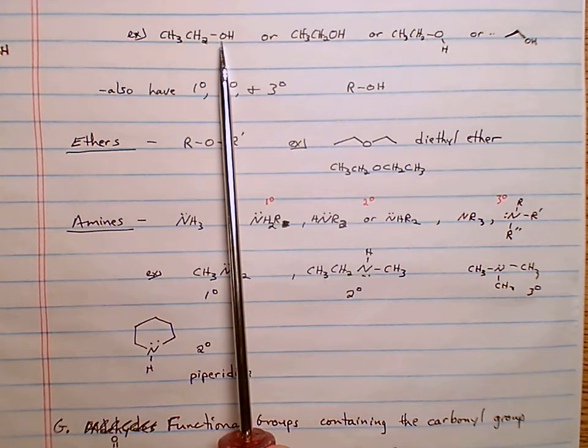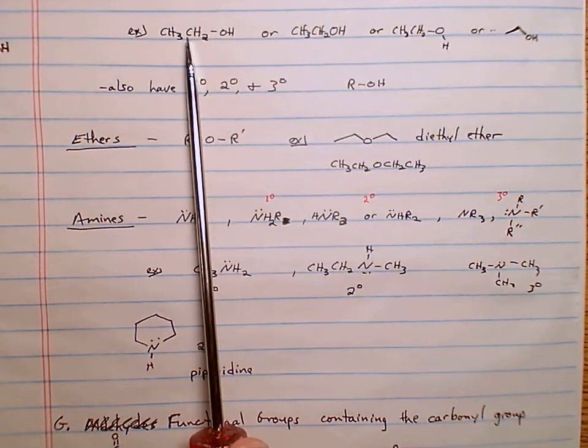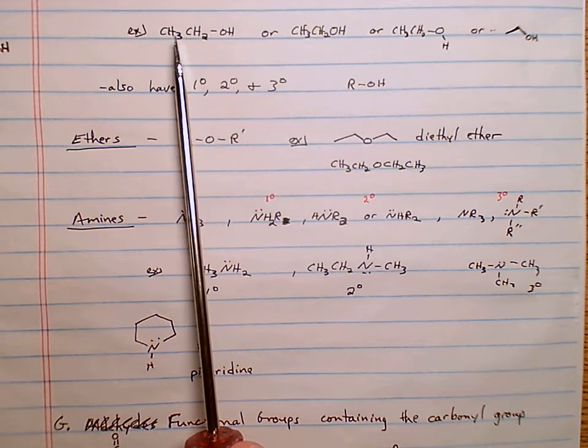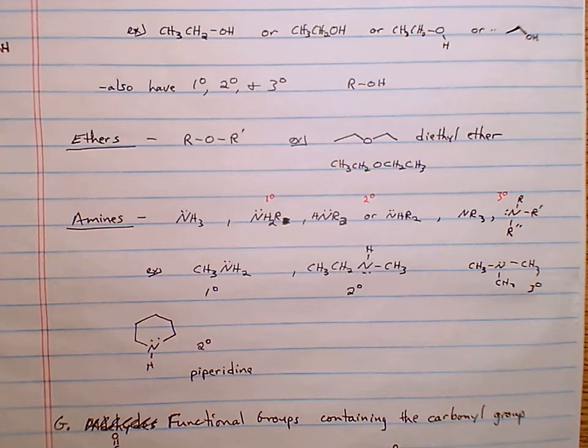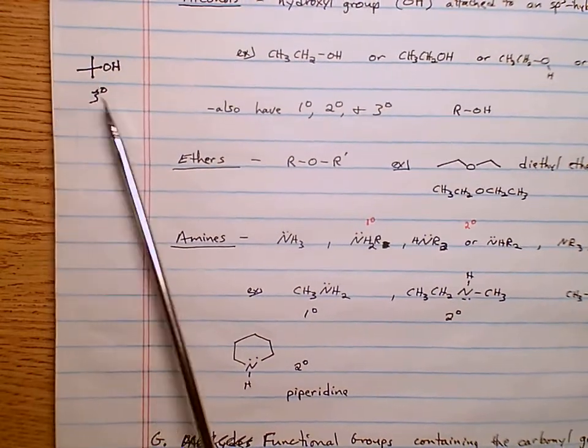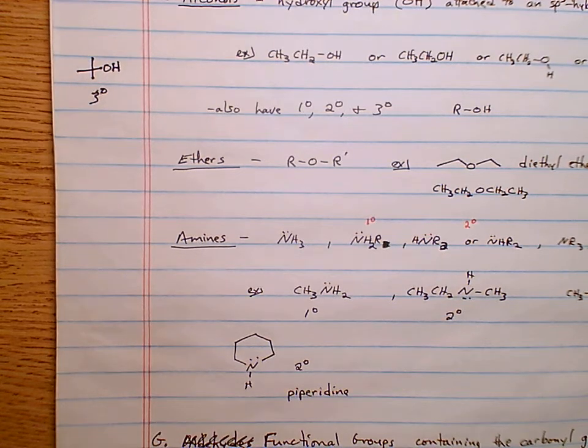So for an alcohol or an alkyl halide, here's the carbon that's bonded to the OH group. How many carbons is this carbon bonded to? This carbon is bonded to 1, so this is a primary alcohol. For example, this is a tertiary alcohol because that carbon is bonded to 3 other carbons.